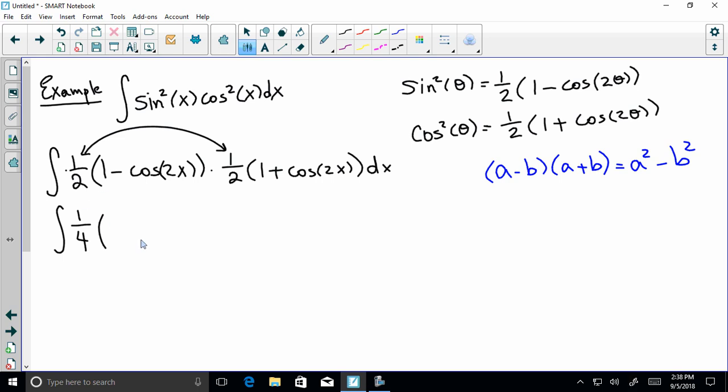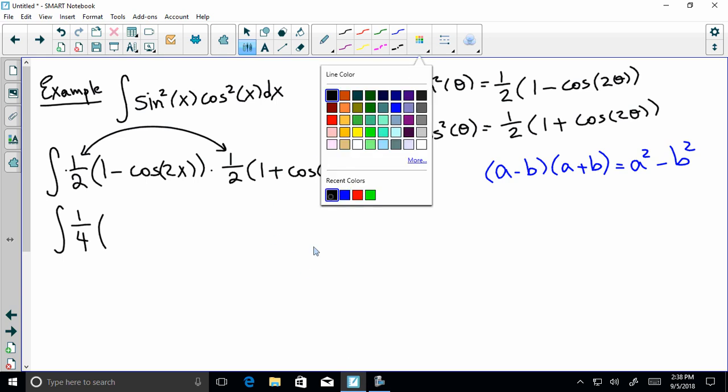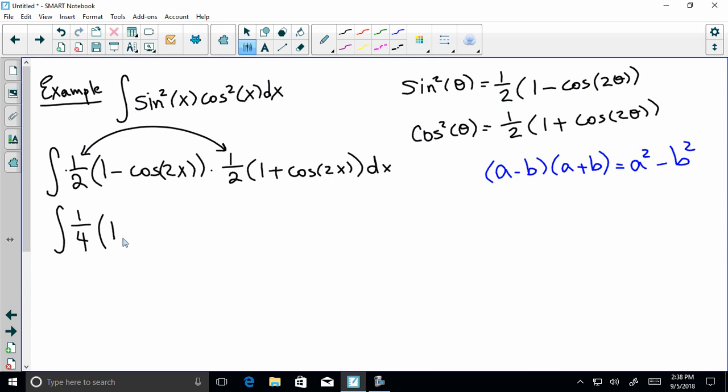So 1 times 1 is 1, then you get 1 times cosine of 2x, which is cosine of 2x, then negative cosine of 2x. Those two cancel each other out. Then you get cosine squared of 2x. So I'm going to write the answer here using what I have over there. I get 1 squared, which is 1, minus cosine squared of 2x dx.